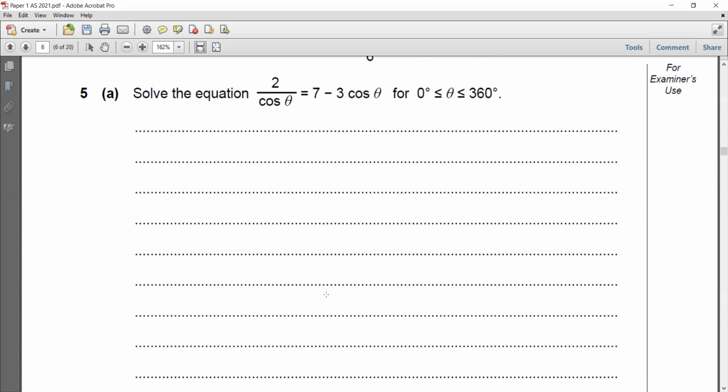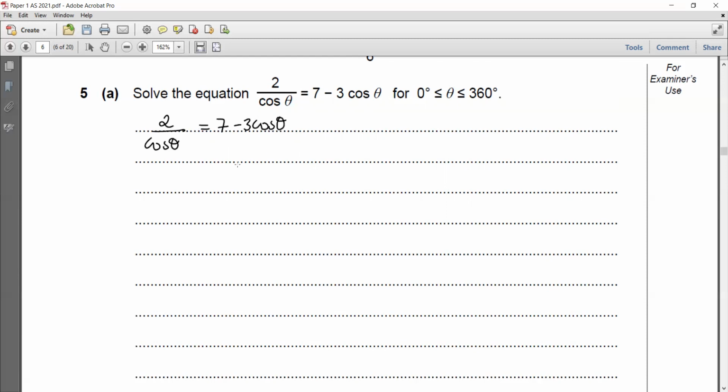Question 5, solve the equation 2 over cos theta is equal to 7 minus 3 cos theta, and we want an angle theta between 0 and 360. Okay, so we have 2 over cos theta is equal to 7 minus 3 cos theta.